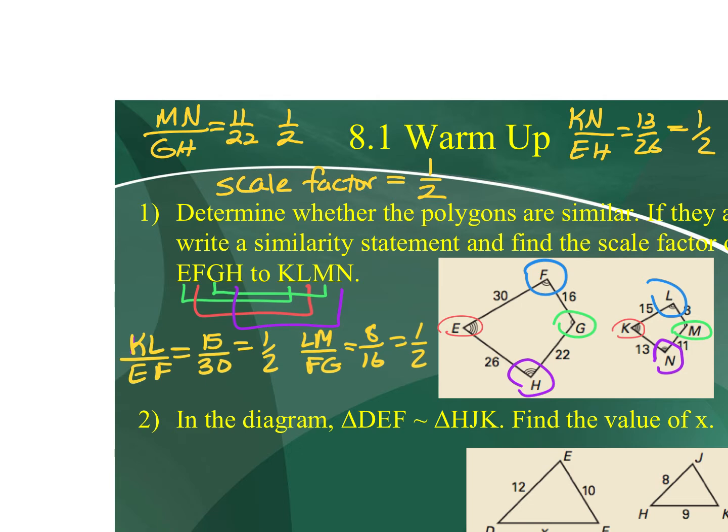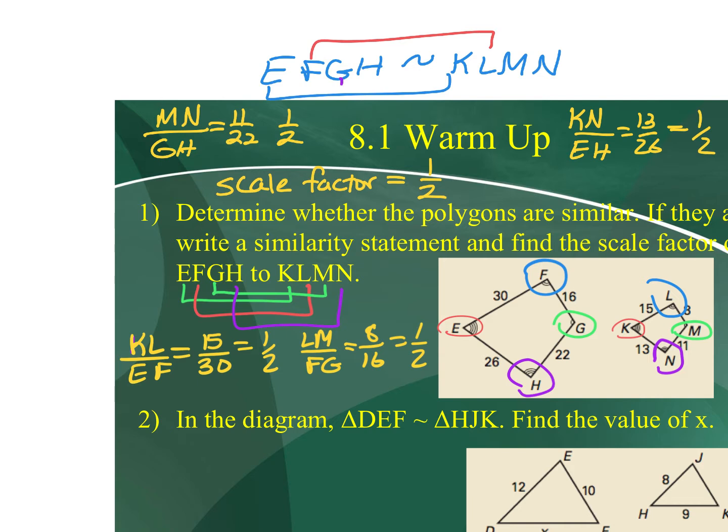So the similarity statement would be that EFGH is similar to KLMN. The order has to be precise because E matched with K, F matched with L, G matched with M, and then lastly, H matched with N. And that's your similarity statement.